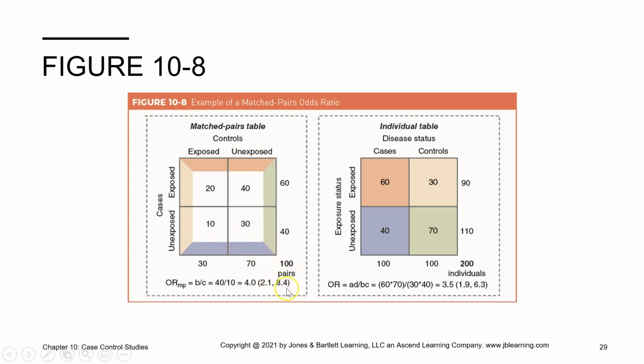And so you have 100 pairs here, but then when you break it up into the individuals, you will have 200 individuals here. And then you can see how the odds ratios are pretty close to each other. They're not quite the same, but they're both statistically significant and have a range that's fairly similar there.